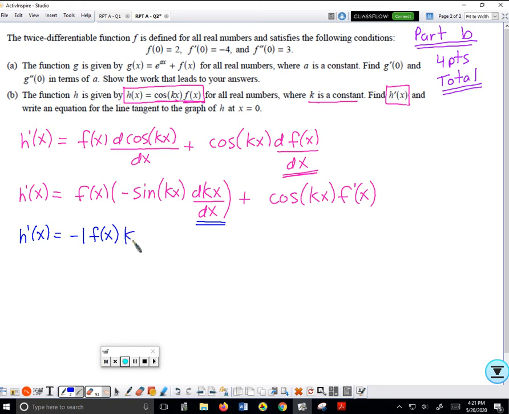This is good enough. It doesn't have to be in any order because it's multiplication. Then sine of kx plus cosine of kx f prime of x. To get that far, they're going to give me 1 point.